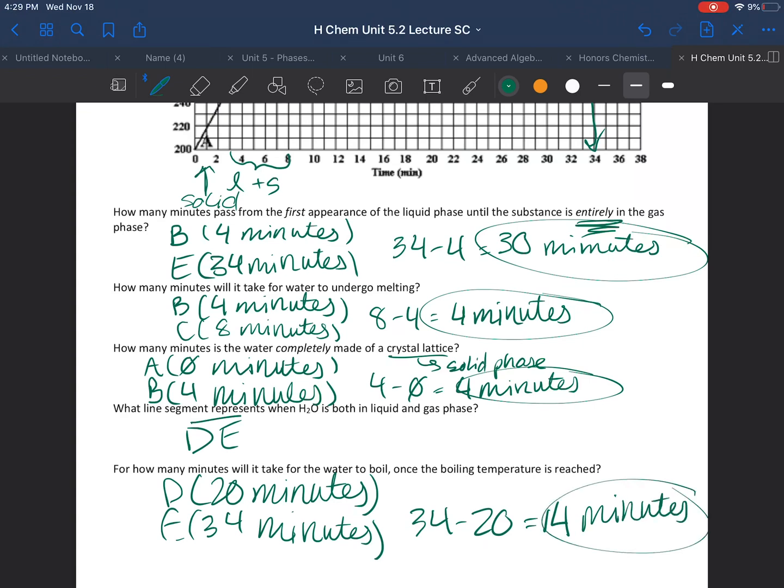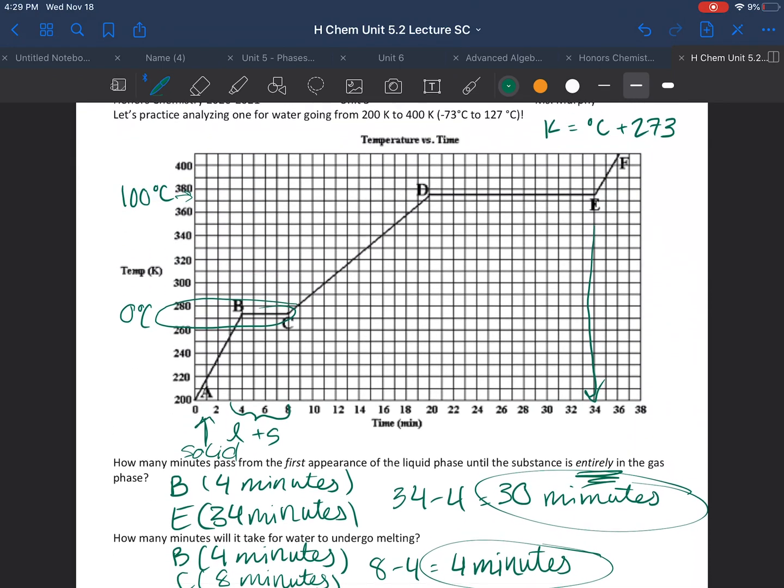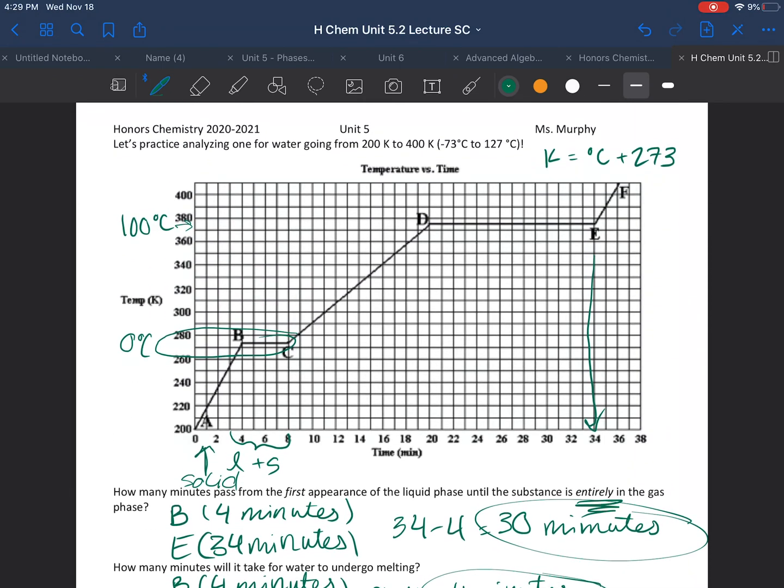And so what I wanted to talk about specifically with water is that, remember these terms that I was telling you about, the heat of fusion? Well, for water, that's equal to 334 joules per gram. However, its heat of vaporization is equal to 2260.